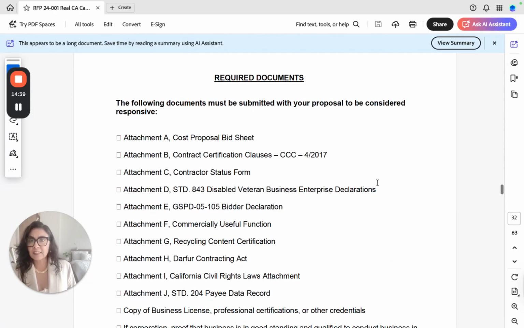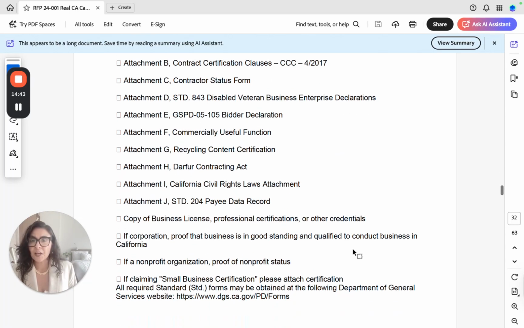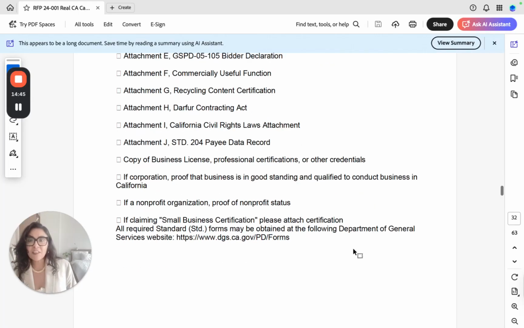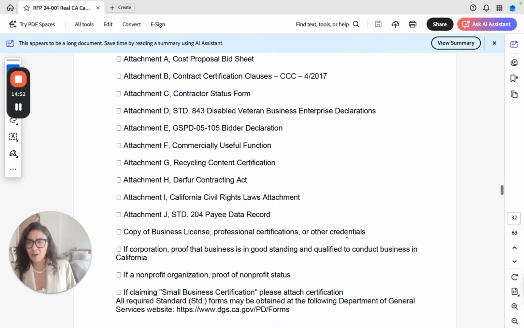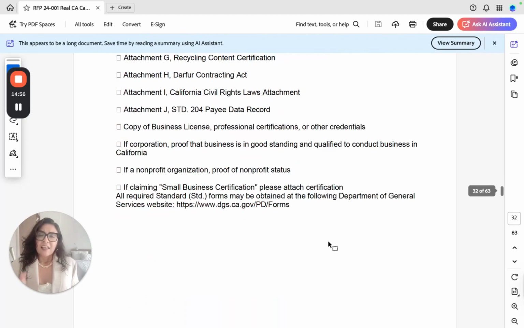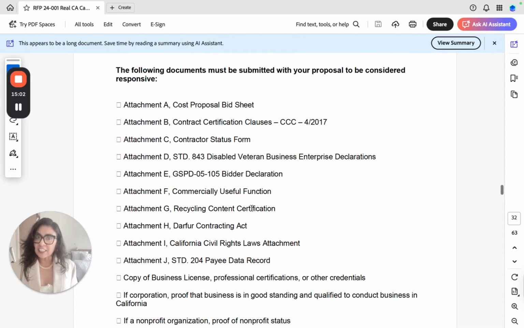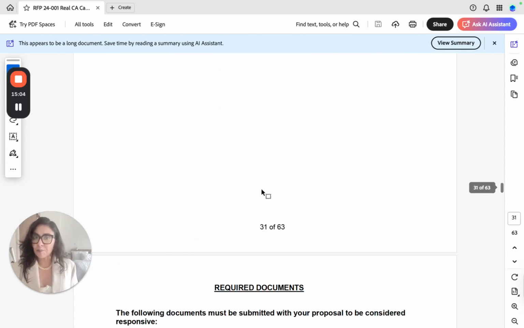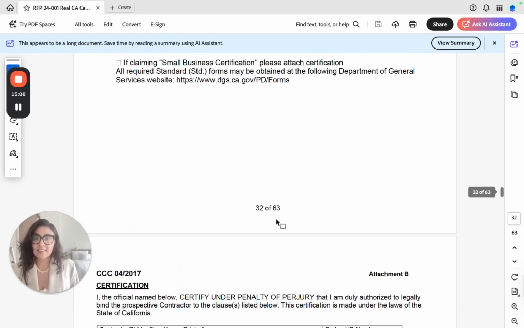Here's a list of all of the documents that need to be provided with your package, but don't depend completely on this, because there's usually a statement in the RFP that'll say, if there is something outside of this sheet that is required in the RFP but wasn't listed here, it is your responsibility to provide it.